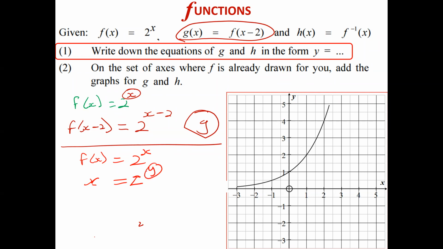And then because we have a y, we're going to bring it to log form, which is y is equal to log, the base is 2, x. So we have log x base 2, which represents now your inverse. So there's our f to the minus 1 of x, which is actually equal to log x base 2.